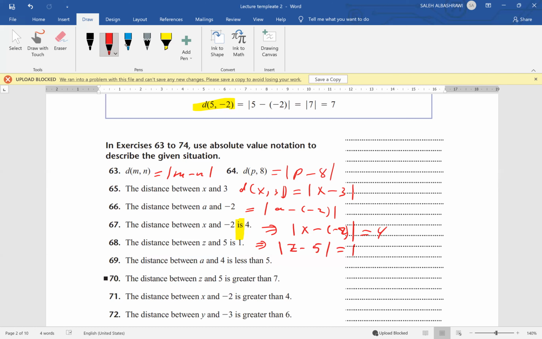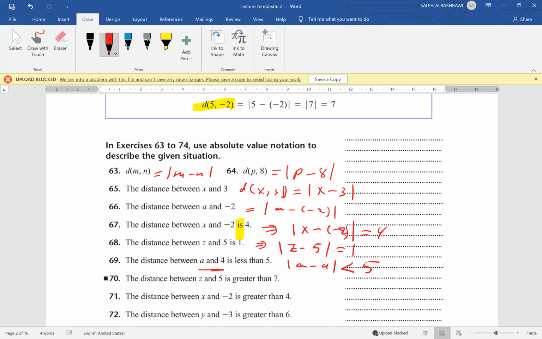Number 69, the distance between A and 4 is less than 5. So this will give me the absolute value of A minus 4 less than 5. This is the notation for less than 5. Number 70, the distance between Z and 5 is greater than 7.